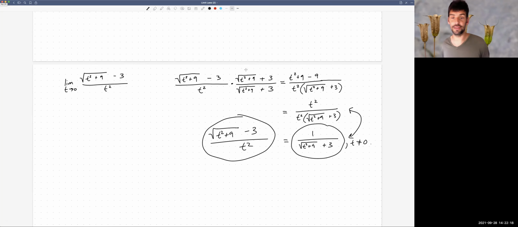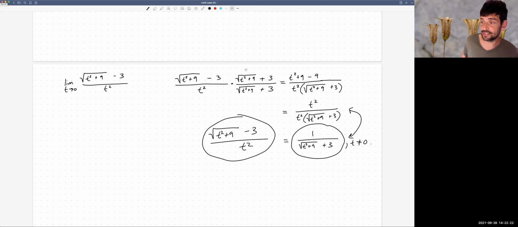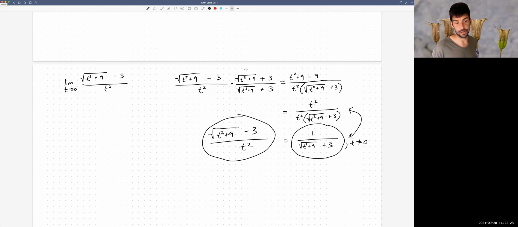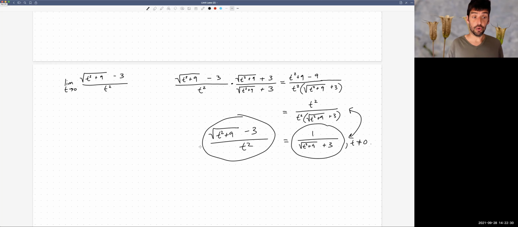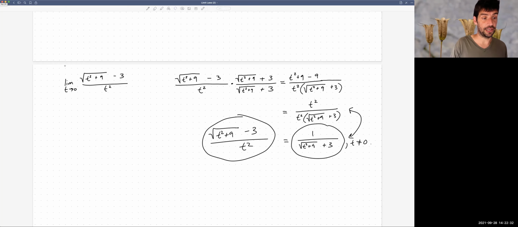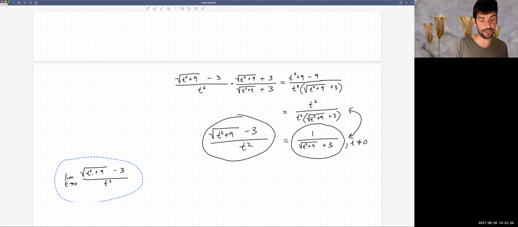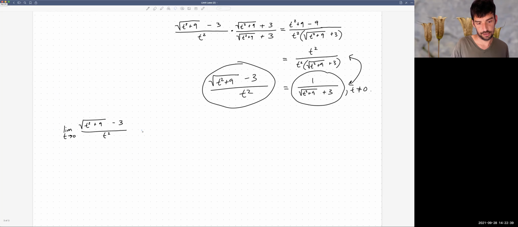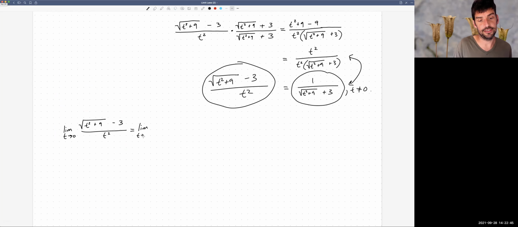If you multiply by something over itself, you're multiplying by 1. And I did a cancelation, a rule that we have to be careful with, but that rule was fine because the only place it's problematic is at the place I don't care about. So what that means is, applying this rule, this limit is equal to the limit as t goes to 0 of this new expression.